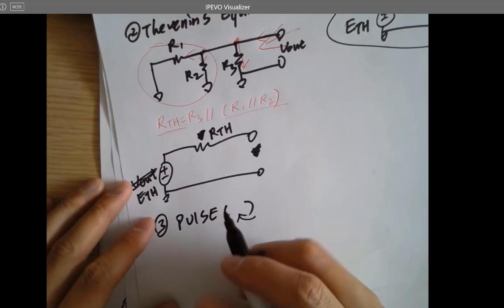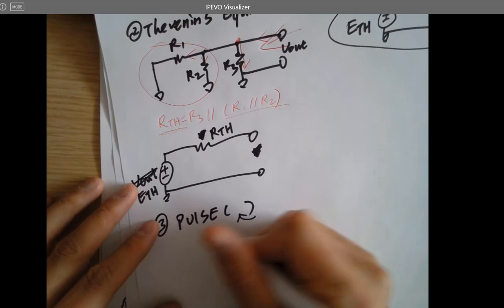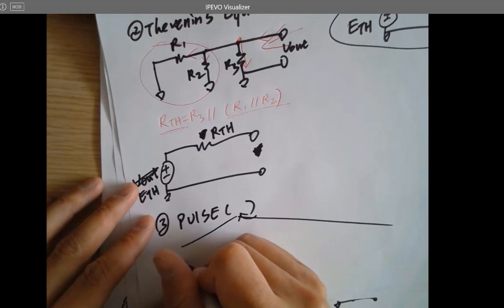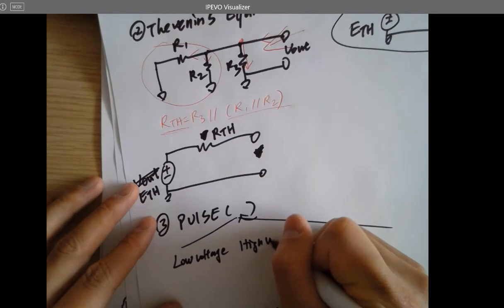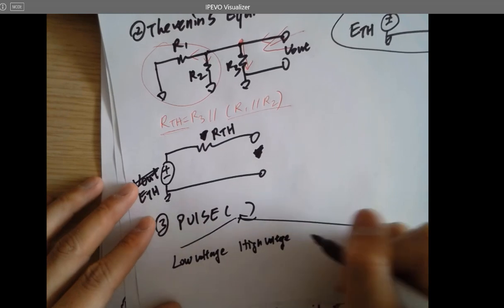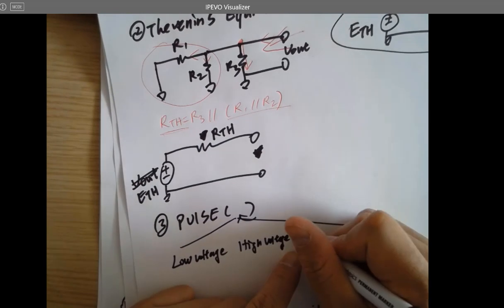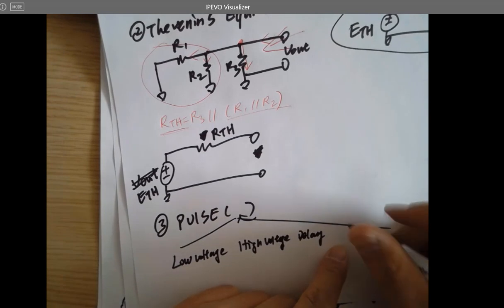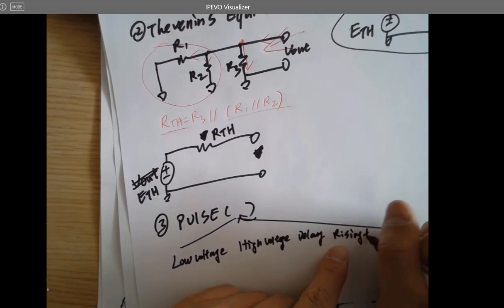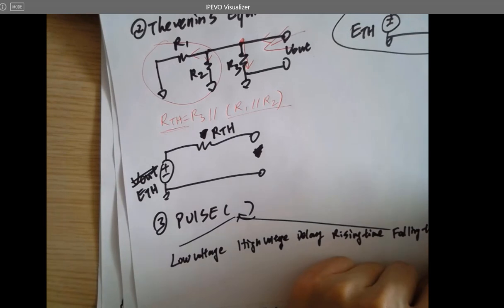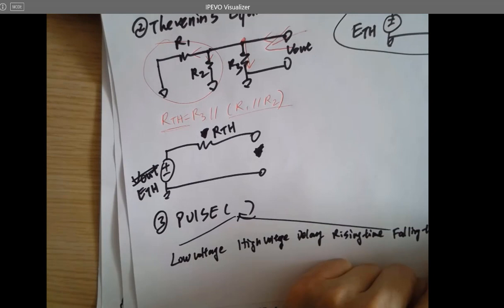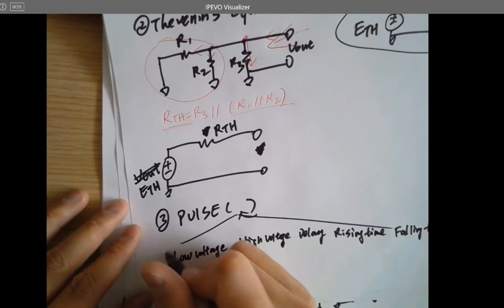The first one is low voltage, the second argument is high voltage, the third argument is the time delay, then the next one is rising time, then falling time, then the on time, and the last one is the period. That's all the arguments in the pulse function.